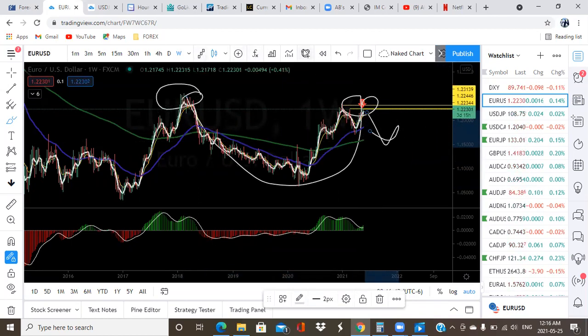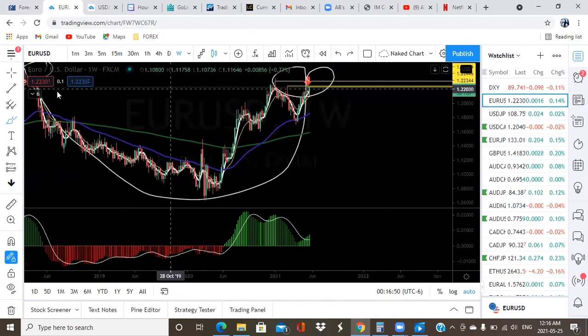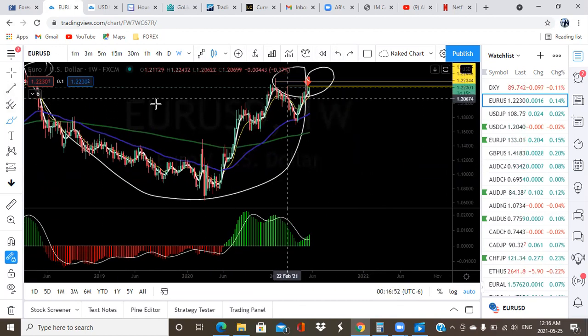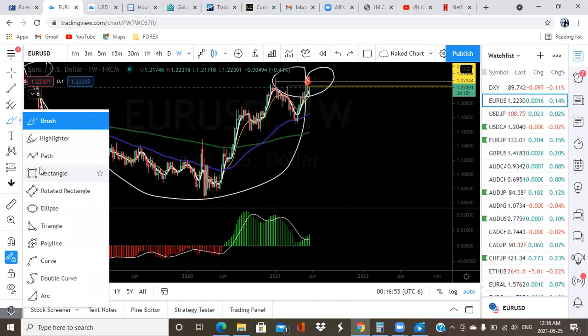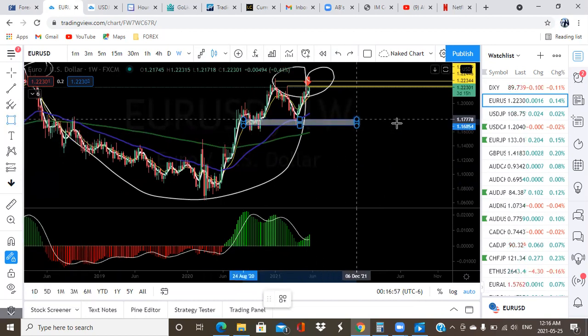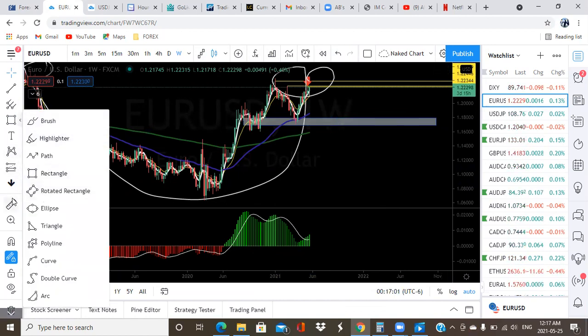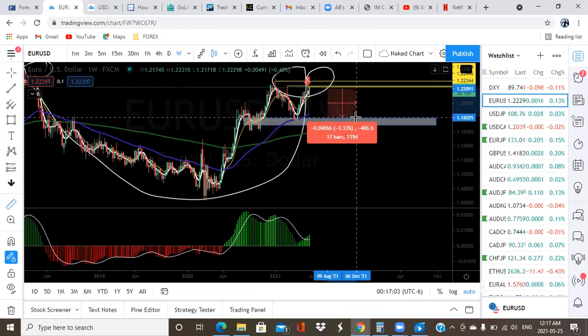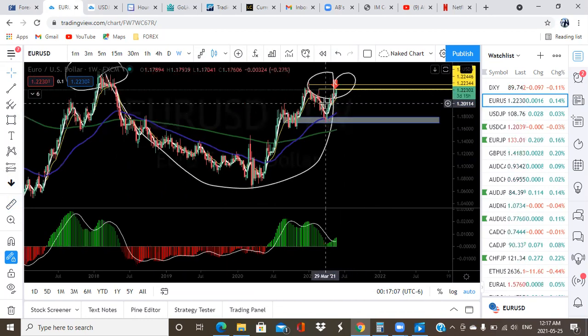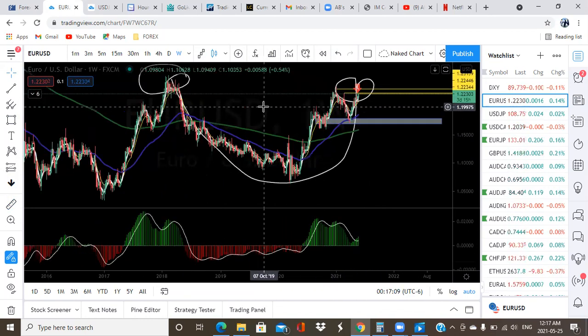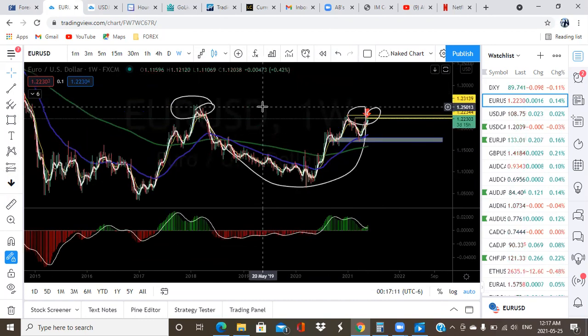Even if Euro USD only comes down to this level here, where I'm putting my stuff, that is a lot of pips. If I do this, it's over 400 pips. So I know that on the weekly, Euro USD is at an area where we should begin to look for a sell.